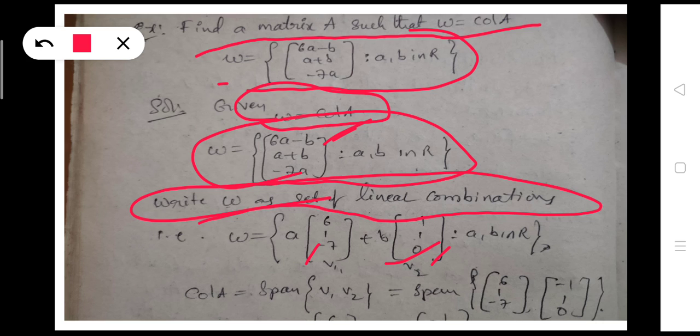The column space of A is equal to the span of v1, v2, where v1 = (6, 1, -7) and v2 = (-1, 1, 0).